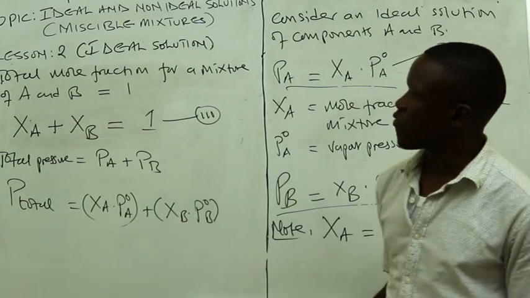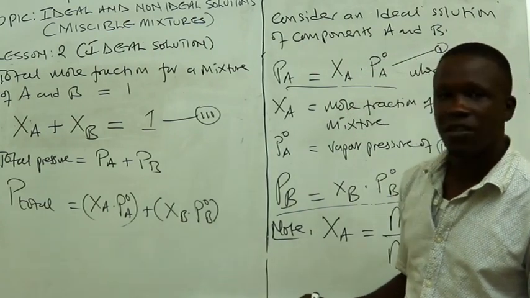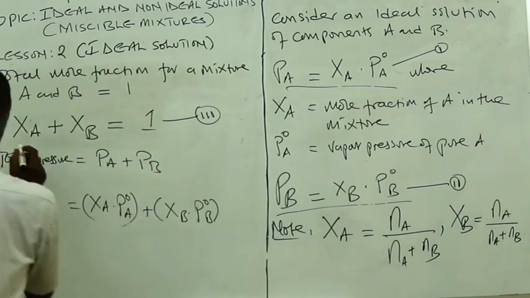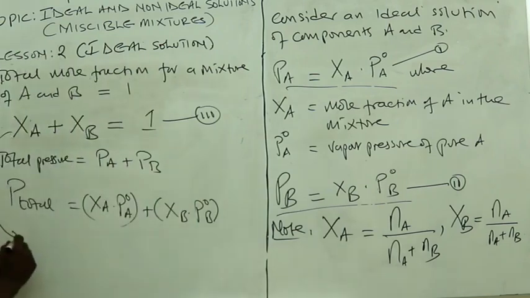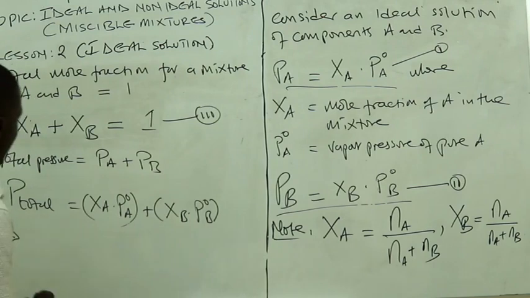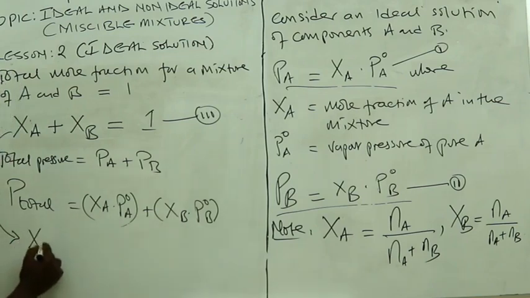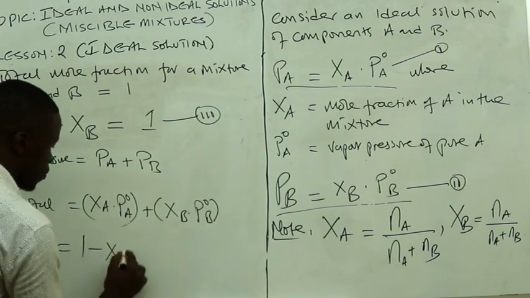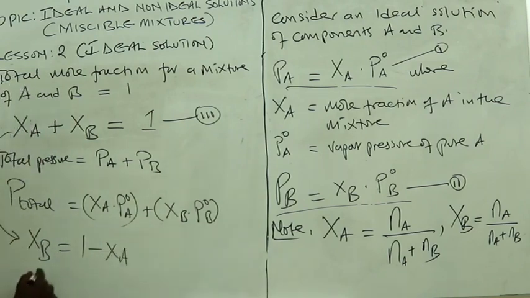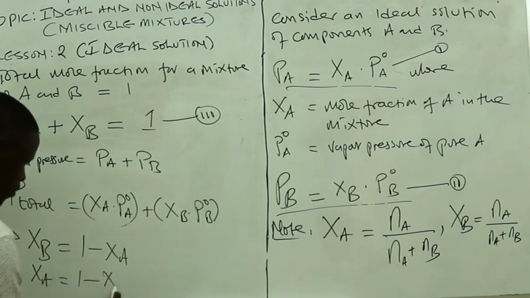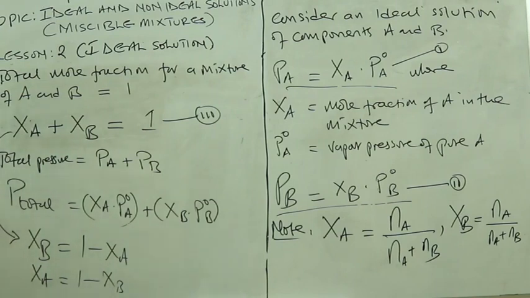And from this, we can determine many things. For example, if I have been given the mole fraction of A, I can get the mole fraction of B by simply saying mole fraction of B is equal to 1 minus mole fraction of A. Similarly, mole fraction of A can be 1 minus mole fraction of B. So you can see that these expressions can be used to do very many things.